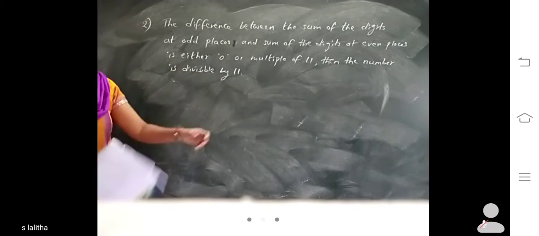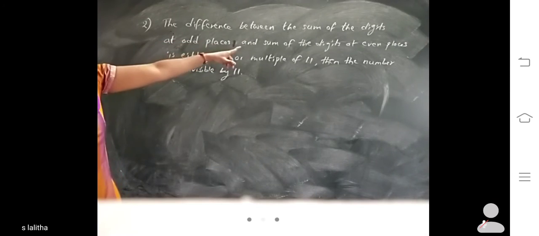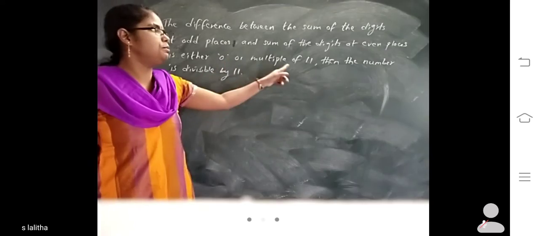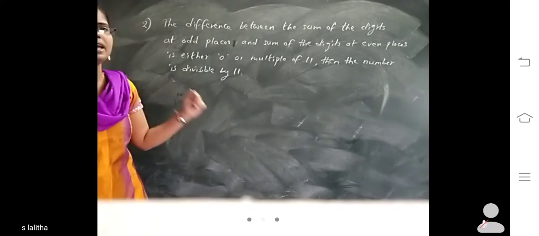If the difference between the sum of the digits at odd places and the sum of the digits at even places is either 0 or a multiple of 11, then the number is divisible by 11.